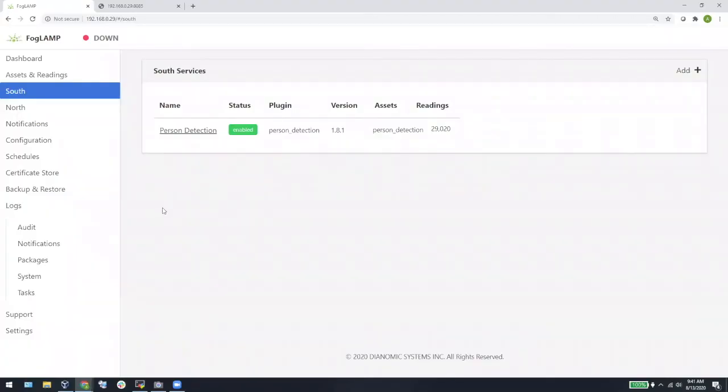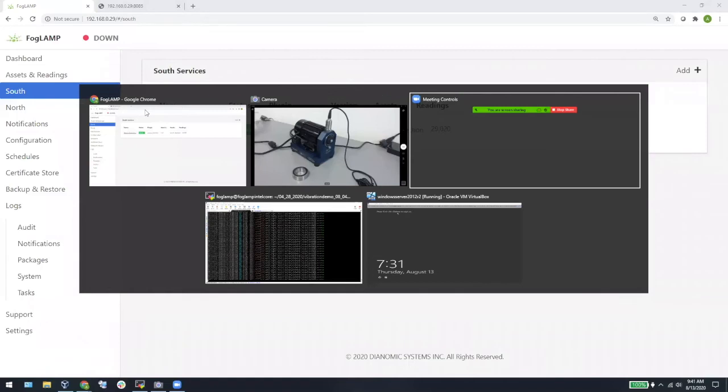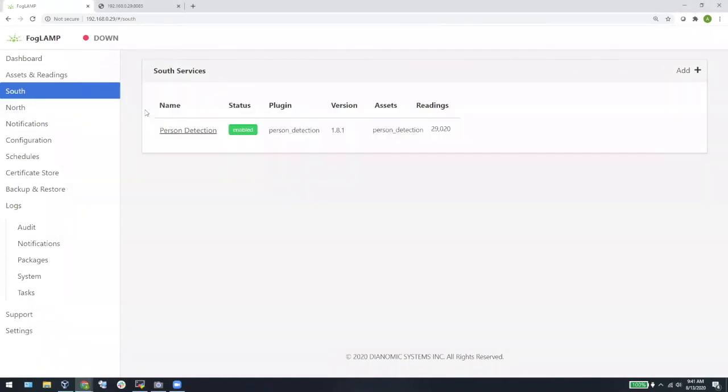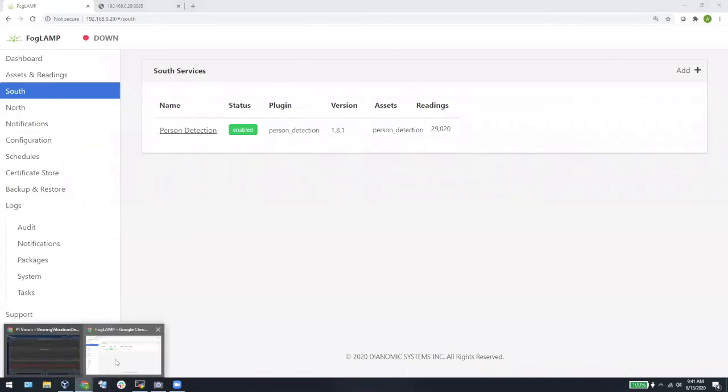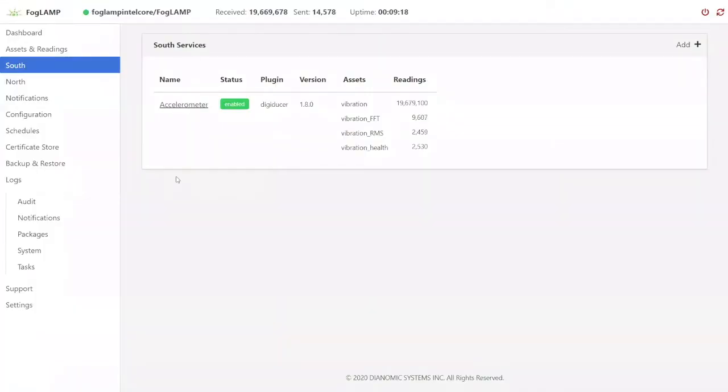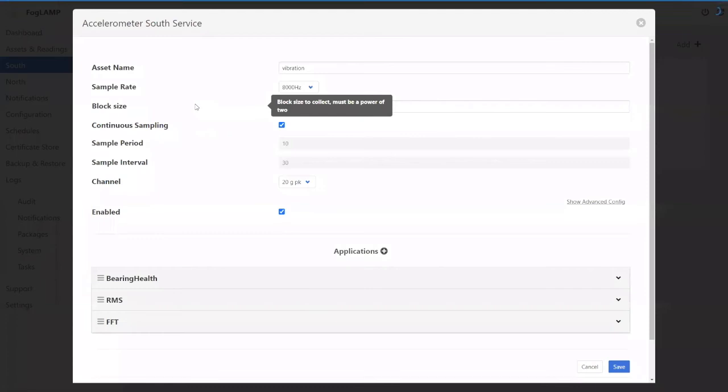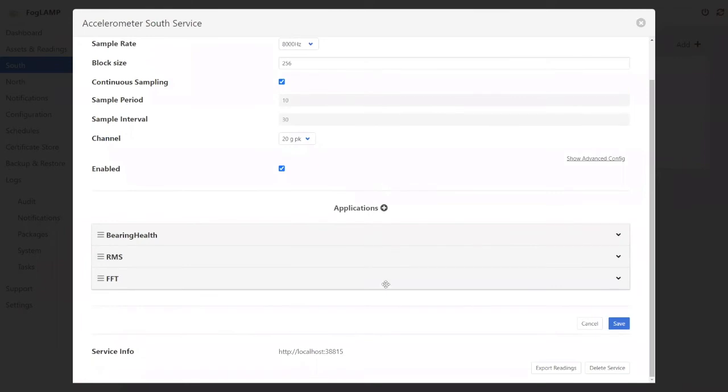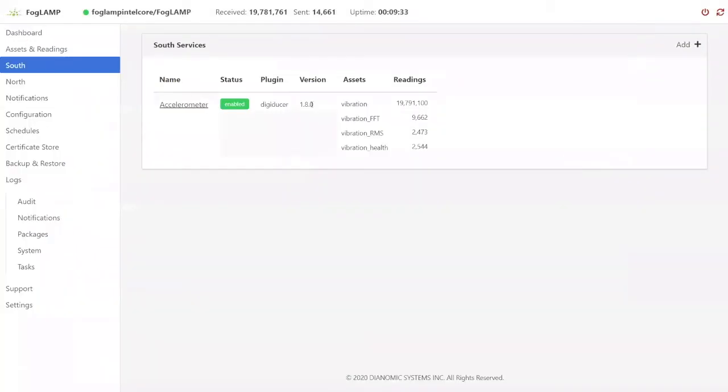Now on the FogLAMP side here, this is our FogLAMP GUI. Again, on the south side where we're collecting data, we're getting data in at 8,000 hertz and running it against the three filters: one for RMS, the second for FFT, and third for bearing health, which is the neural network model that identifies if a good or bad bearing is running.